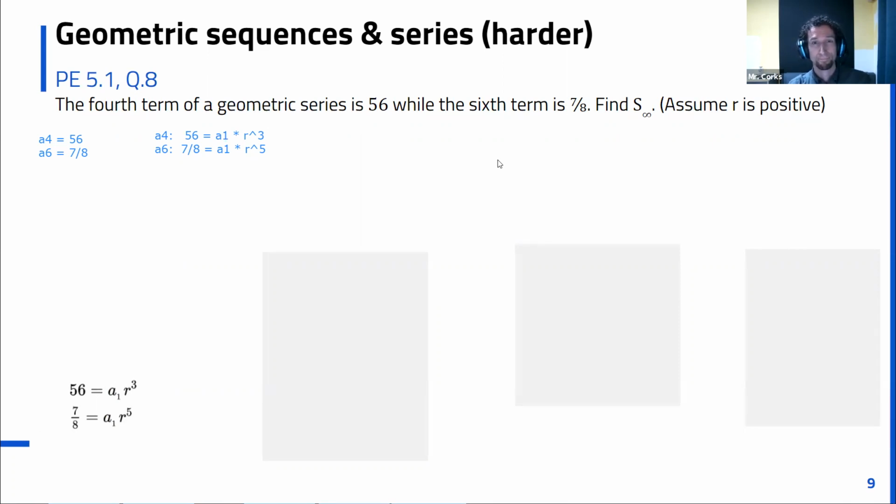Well, what I did is just find A1 for both equations. Okay, so you rearranged them to solve for A1 and then set those equal to each other. Yes. It'll get us to the same thing with a slightly different method. Substitution would work, and it's good that you recognize that. What about elimination?